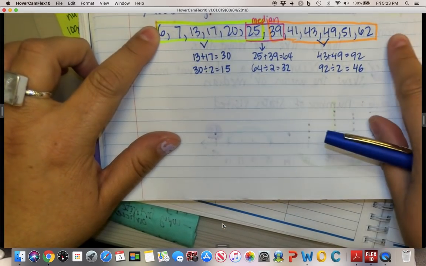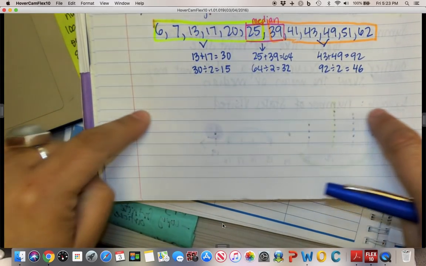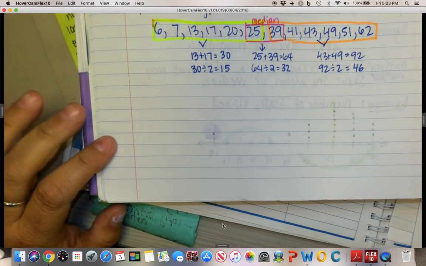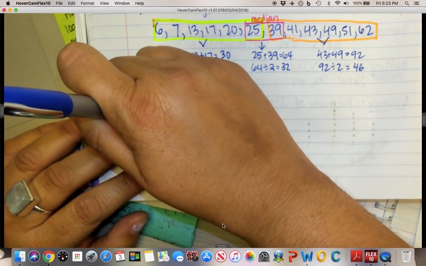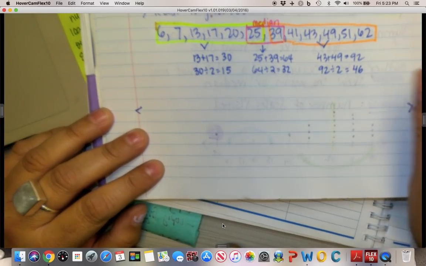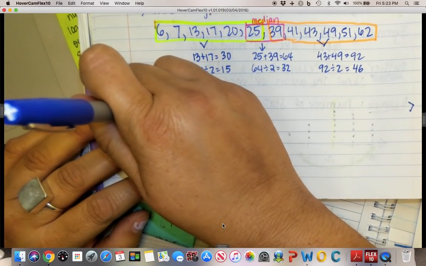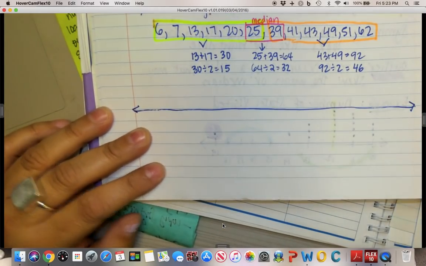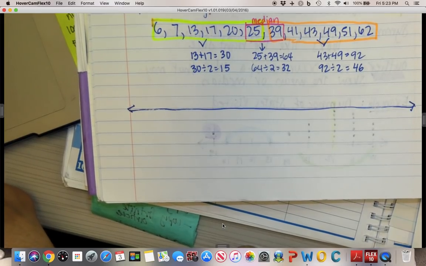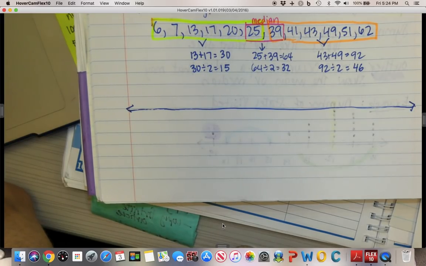That's going to be a really long number line, so instead I'm going to count by, I don't know, what goes into 60 and 62? 2. I can do 2. All right.